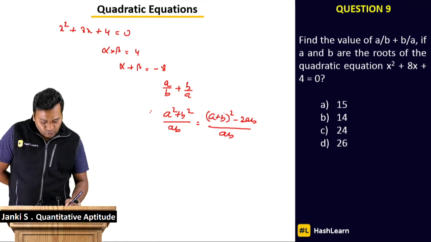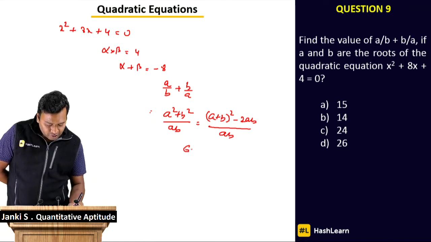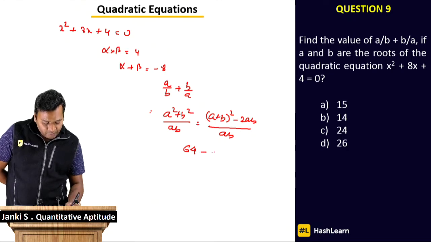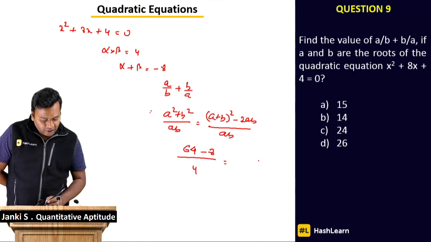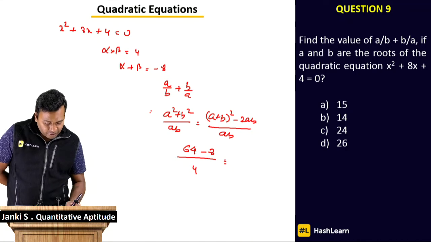So a plus b whole square is how much? It's nothing but 64 in this case minus 2ab, that's nothing but 8 divided by 4 should be the value, right? So let's check the value. My value is nothing but 16 minus 2.